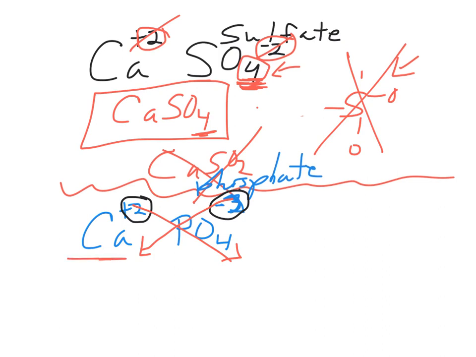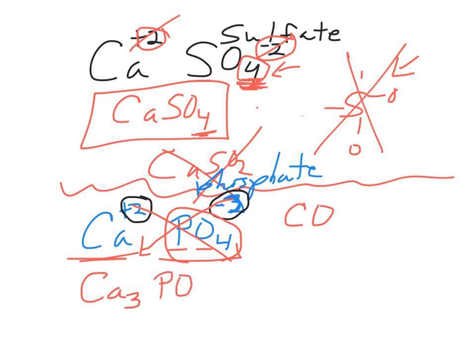So then what that means is I must crisscross them. Now calcium's an element, so I can just do what I did in the past. Ca, and the 3 goes on the bottom. PO4 though, is that an element? No. If I have 2 capital letters, that means I have a compound. Even if I have something like CO and I don't have any numbers, that's a compound. So if I have a compound, you remember that 4 never moves.